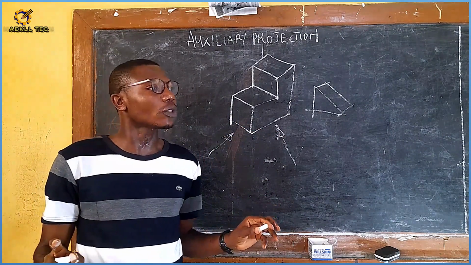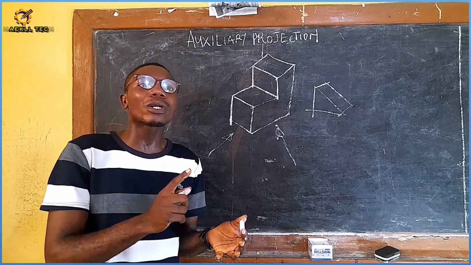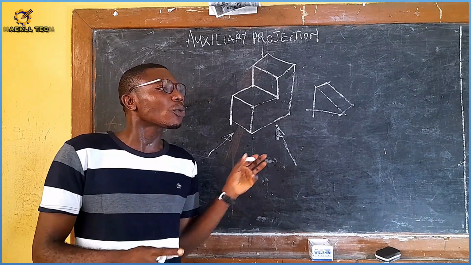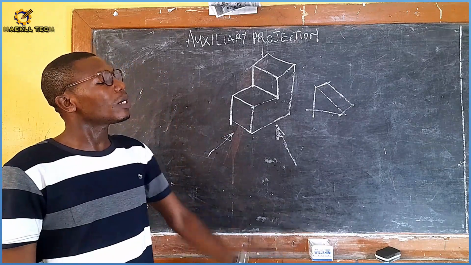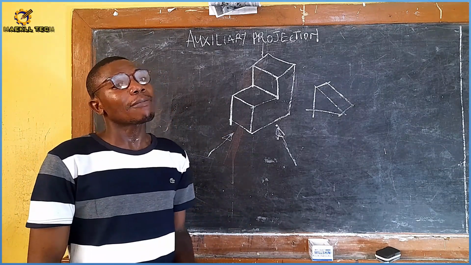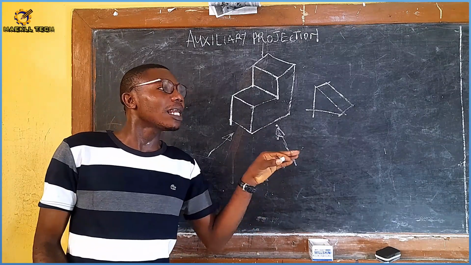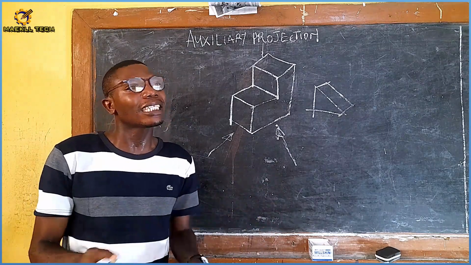That is just the simple truth. If you haven't mastered orthographic projection, neither have you mastered conversion from orthographic to isometric, there is no way you can understand this topic because it will just look like magic. But those who are comfortable with those two topics I mentioned earlier, you can proceed to auxiliary. What I'm going to explain now, you will understand it perfectly.